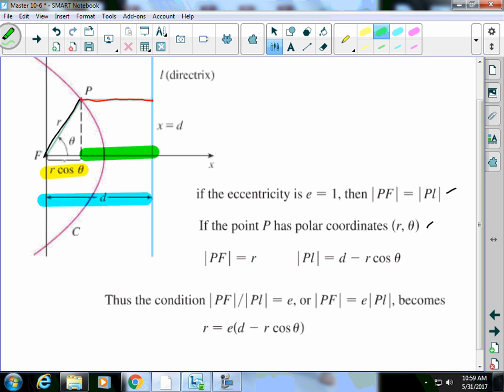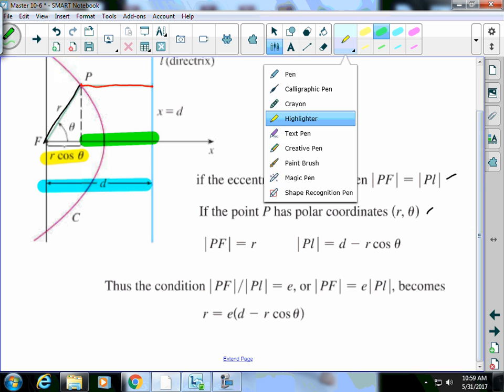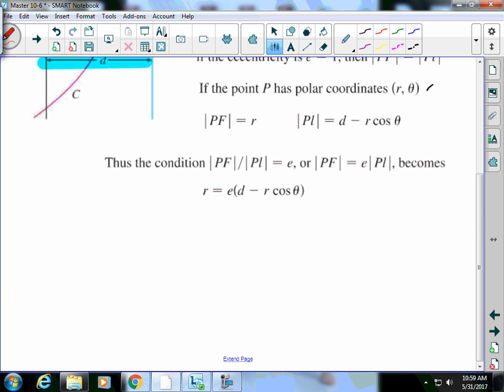r is equal to this. So what does this give me? Well, I could then distribute, and I could put all my r's to one side. So r plus e r cosine theta is equal to e d.